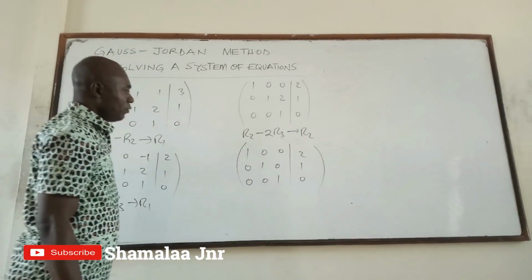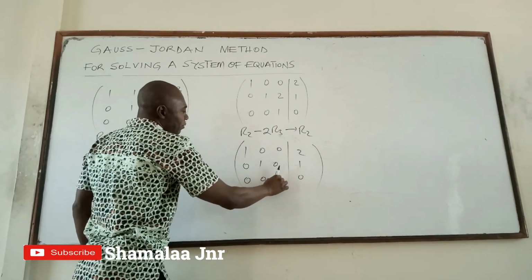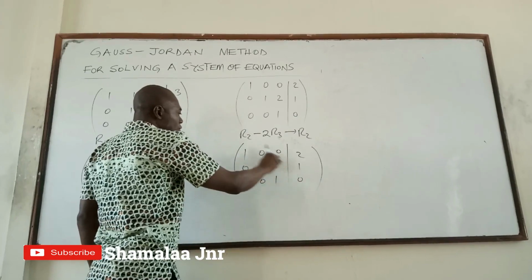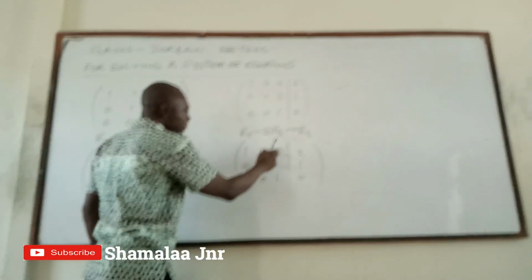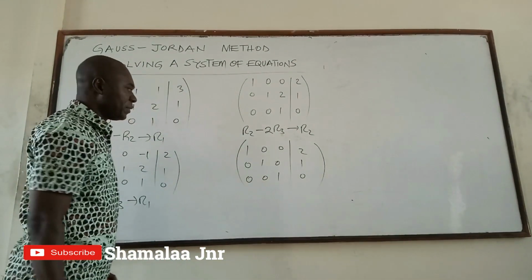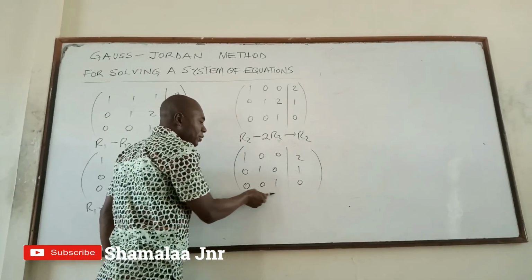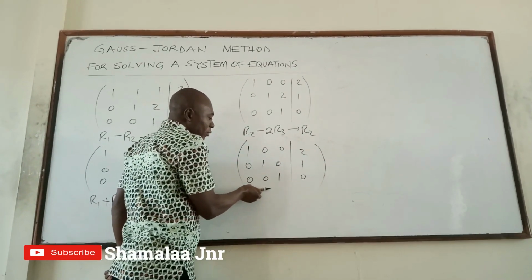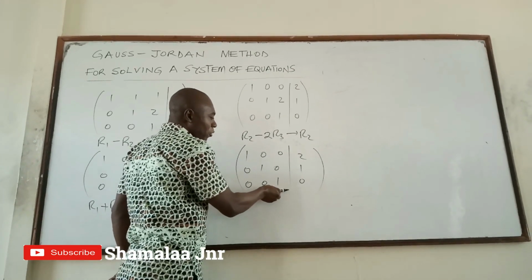So, viewers, we have been able to transform the left-hand side into an identity matrix. Look at it: 1, 0, 0, 0, 1, 0, 0, 0, 1. When we're able to do this, we also say that the left-hand side has been transformed into a reduced row echelon form.